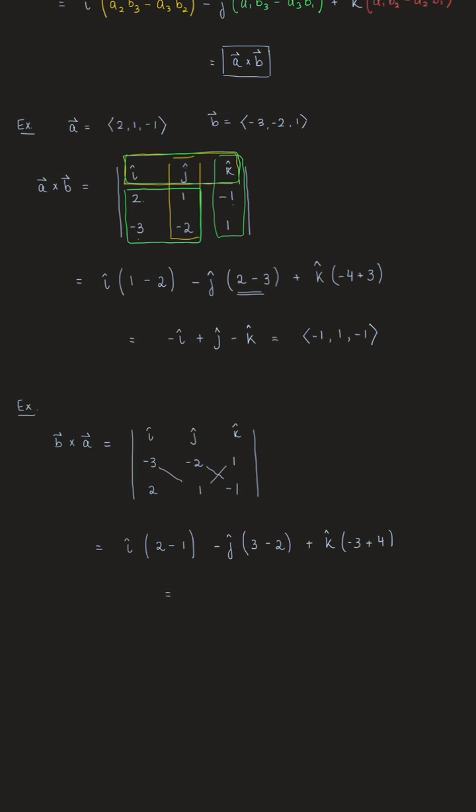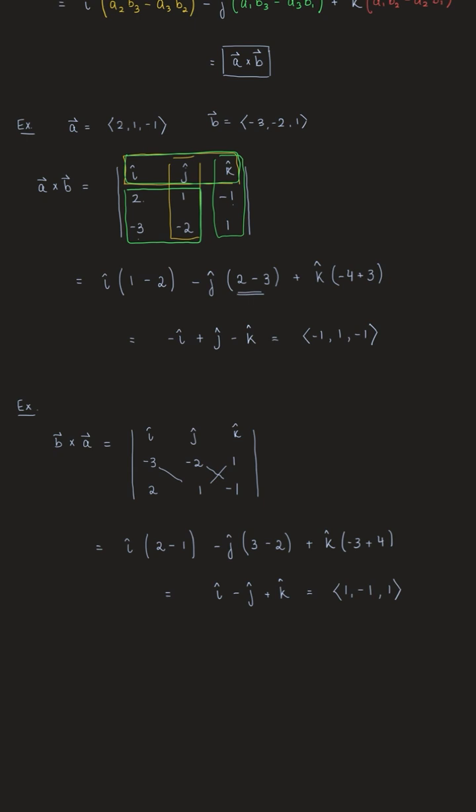And this gives us 1 times i hat minus 1 times j hat plus 1 times k hat, which can also be written as 1, negative 1, and 1.